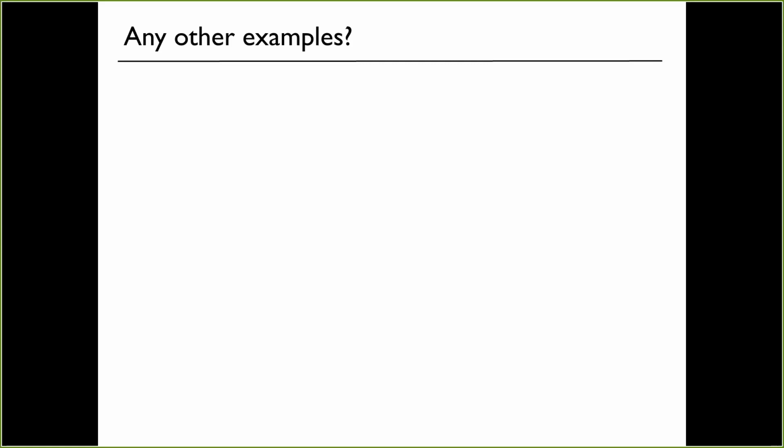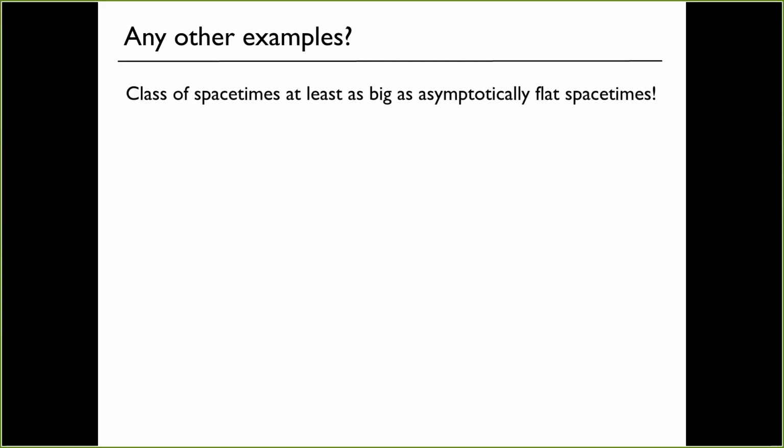So I cannot say, oh yeah, there's something like Kerr in this context or anything like that. But what we did do is we were able to show by construction that the class of spacetimes that we're describing is at least as big as the asymptotically flat spacetimes.